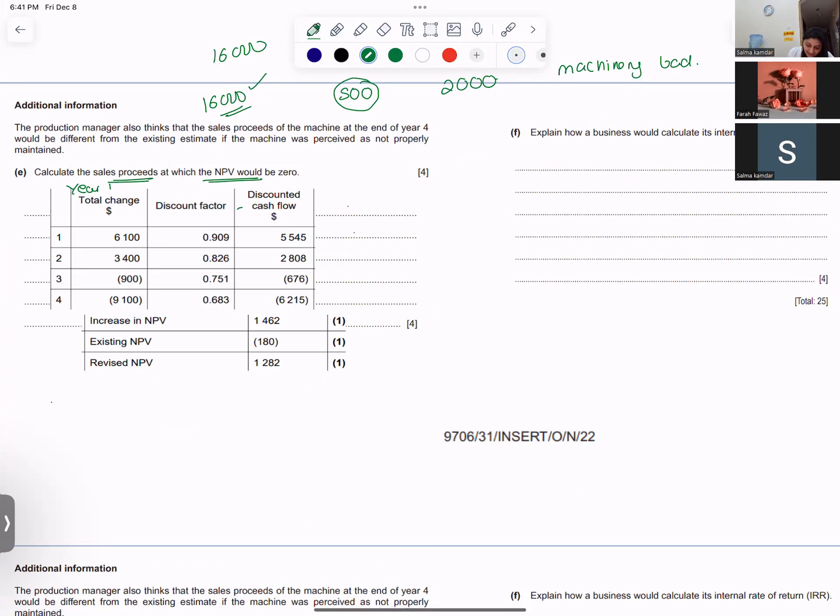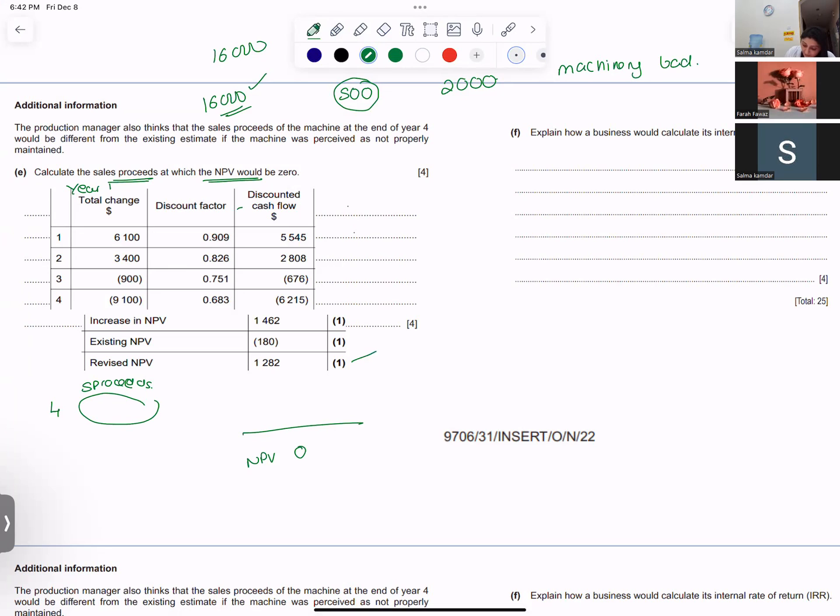So they are asking, at the end of year 4, what should the sales proceeds be so that your NPV becomes 0? Are you with me?